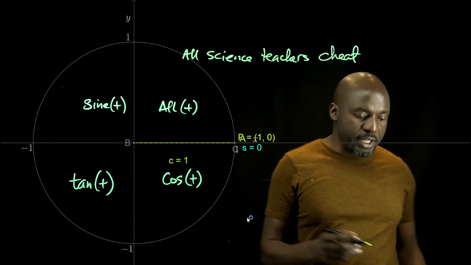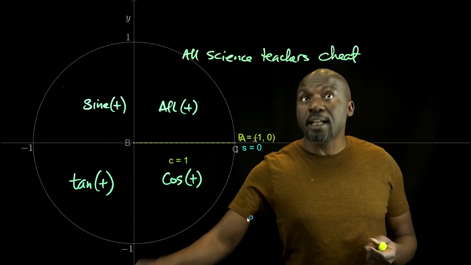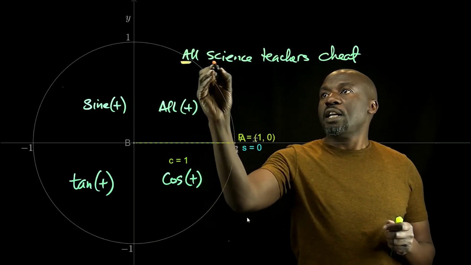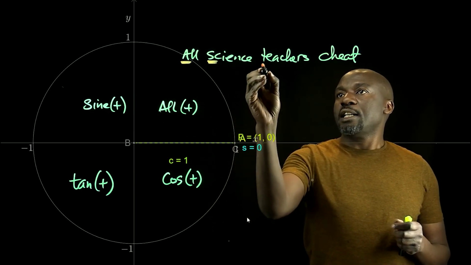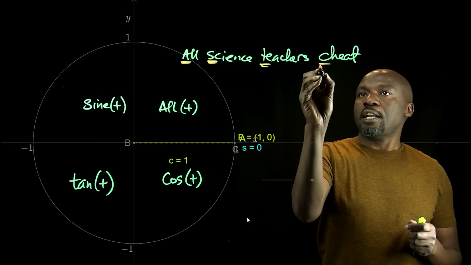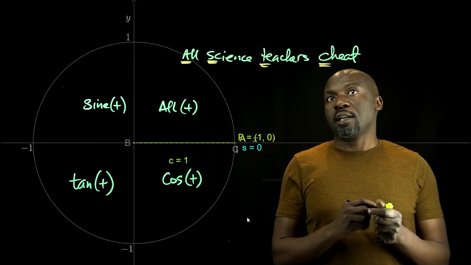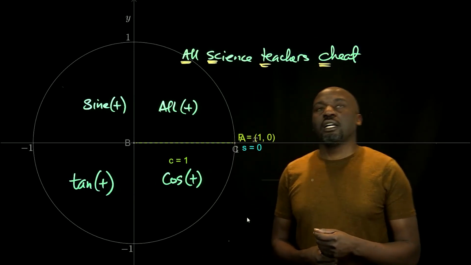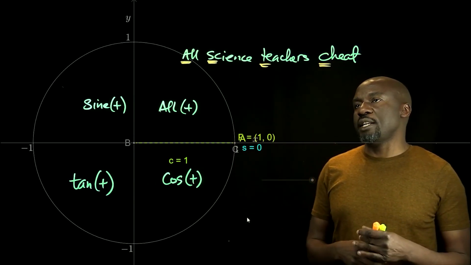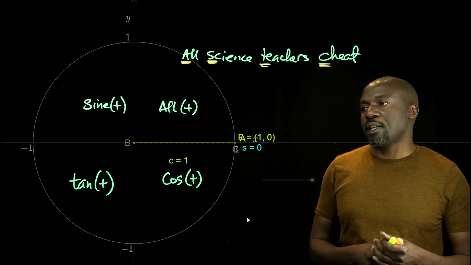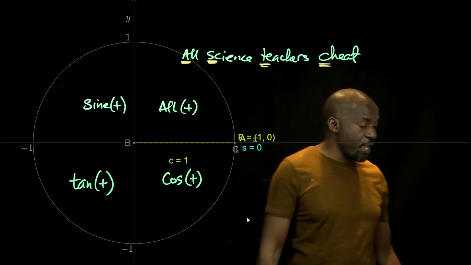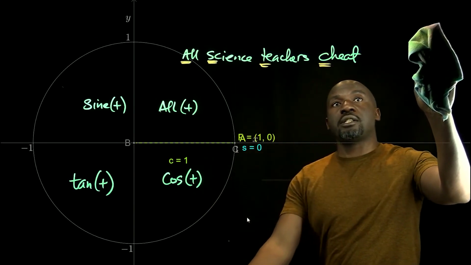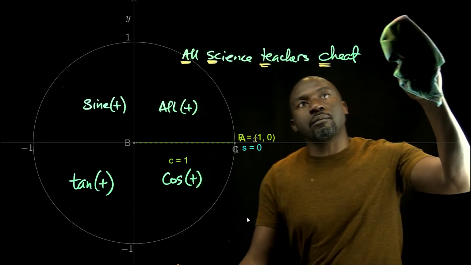So you can remember it in any manner that you like: all in the first quadrant, sine, tangent, and cosine. All right. I've seen different ways that students try to remember this, but choose your own way of remembering it. This is how my teacher taught me, and I've remembered it to this day.